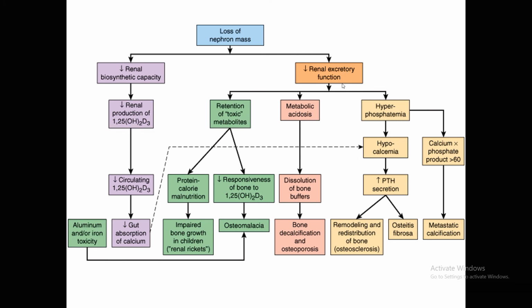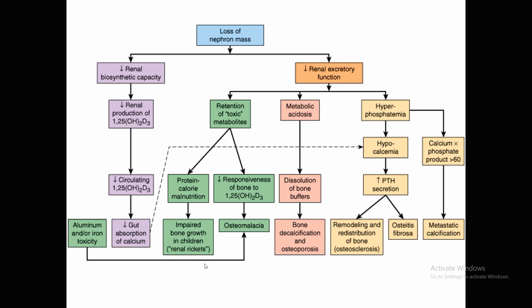The resulting decrease in renal excretory function will cause, first, retention of some metabolites acting as toxic at these levels. For example, the responsiveness of bone to vitamin D3 will be decreased, thus potentiating osteomalacia, or protein caloric malnutrition and impaired bone growth, especially in children.